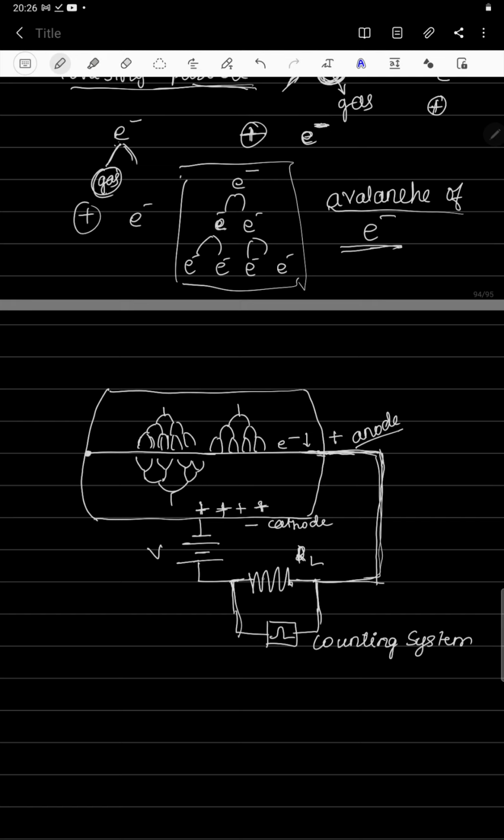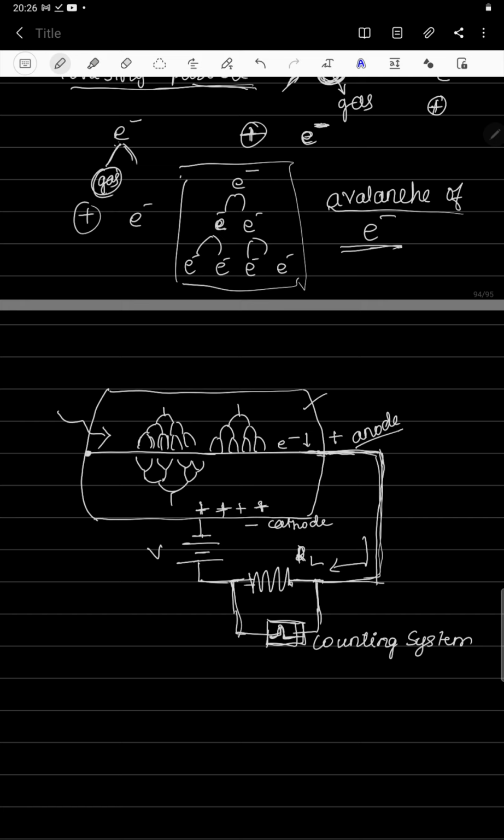That large potential drop we connect to the counting system, where we get the pulses, and the electrons move in this manner and complete the circuit.